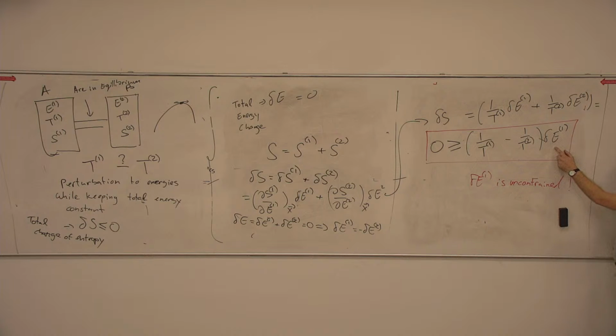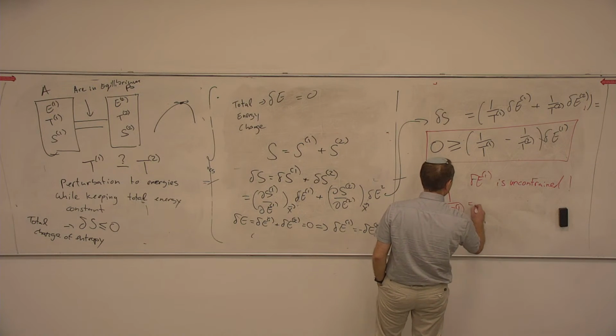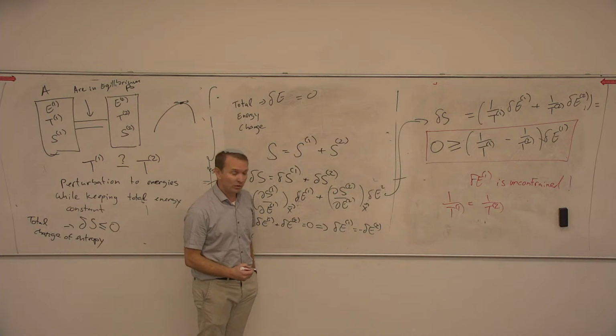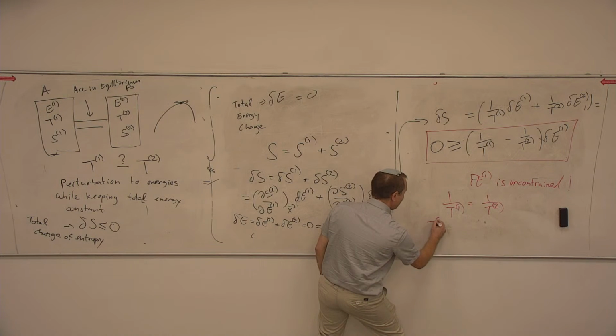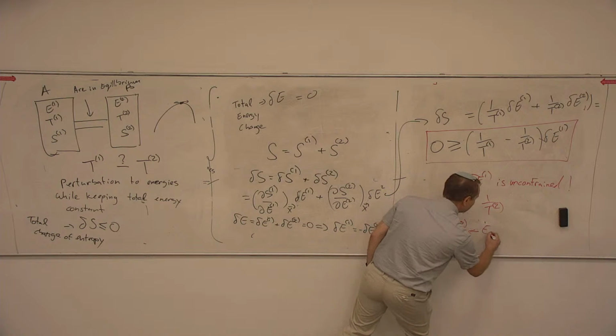If I put here plus 2, minus 2, plus 0.3, minus 0.7, whatever, the only situation when it's always satisfied is when 1 over T1 equals 1 over T2. So basically what I get is that in equilibrium, T1 equals T2.